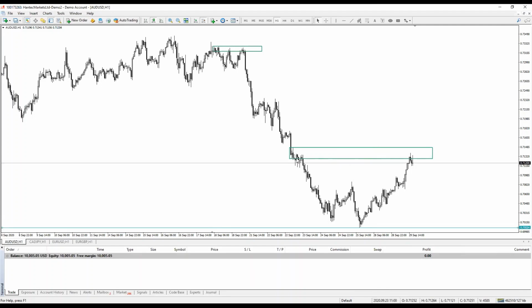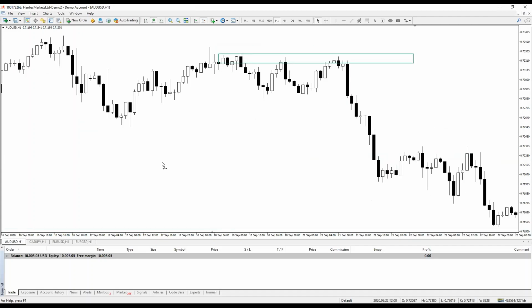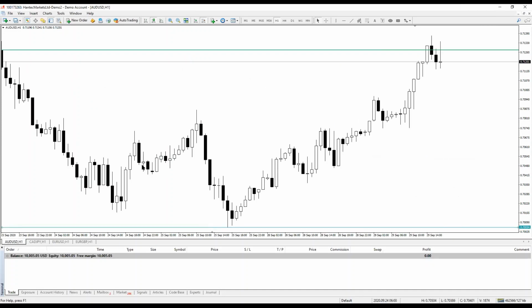Now we have a first supply, and price is approaching for the very first time a first supply and reacting to this supply zone. So now, once we've seen that, I was thinking that I think it was completed already, but I've marked it before.